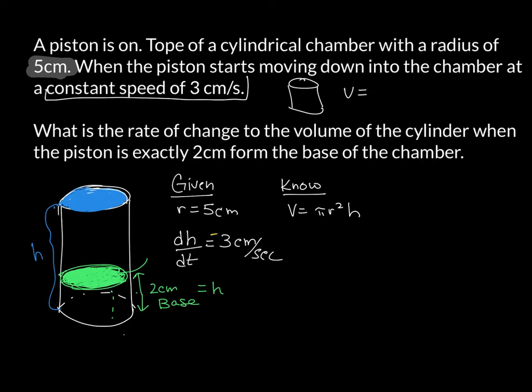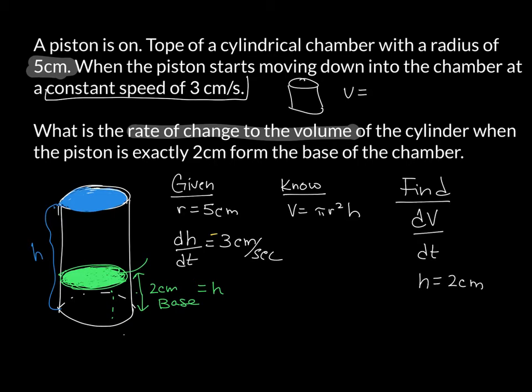So what we are trying to find in this case is the rate of change of the volume. So we are trying to find dV/dt, and we know that happens when the height of the piston is at 2 centimeters.